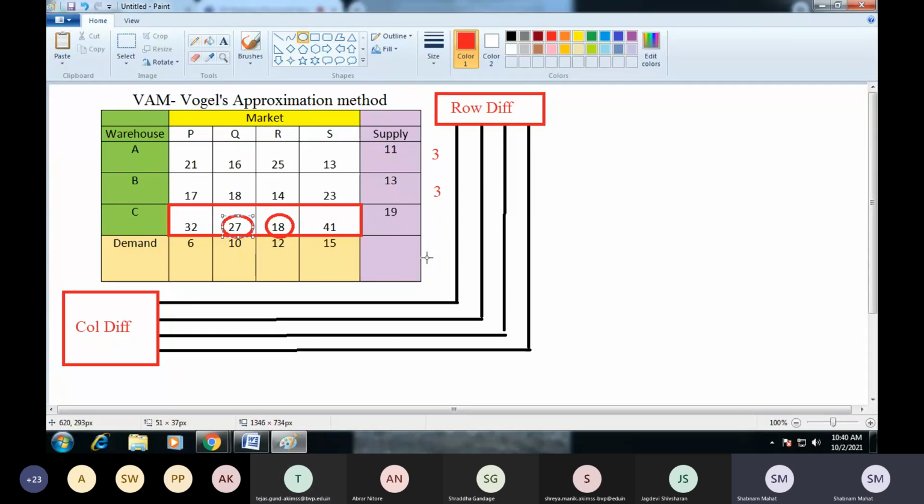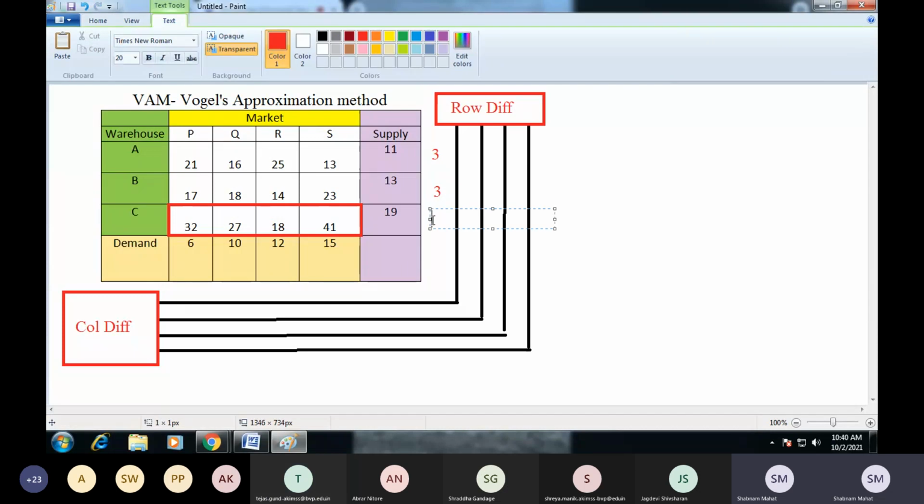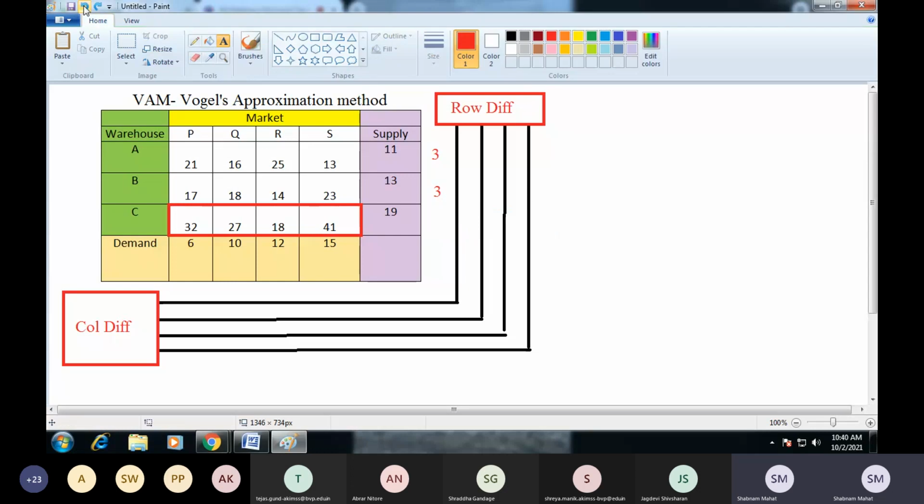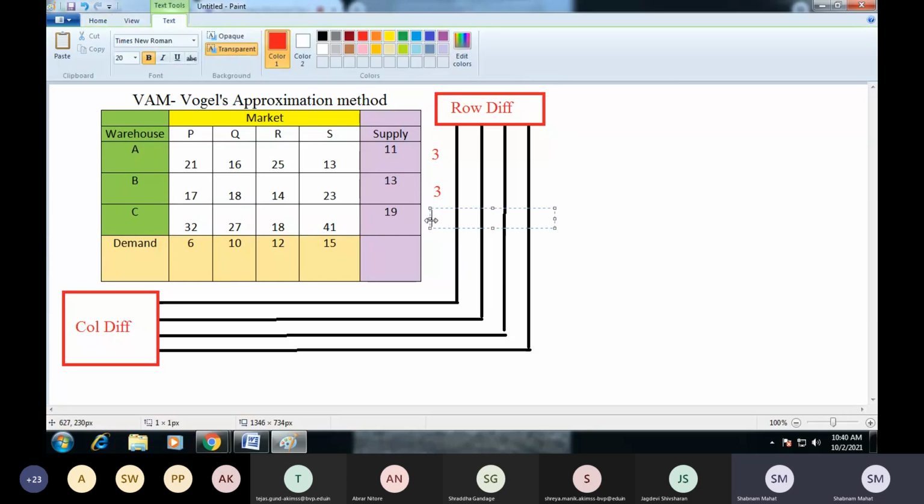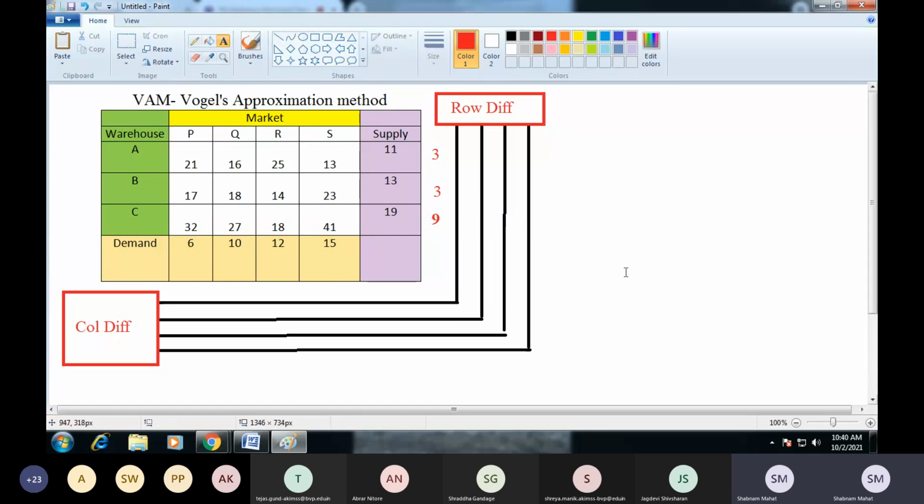So 9 is my penalty. As you know, we have almost completed the task related to the rows, so we have found the row differences. Now check the columns and find the column differences.